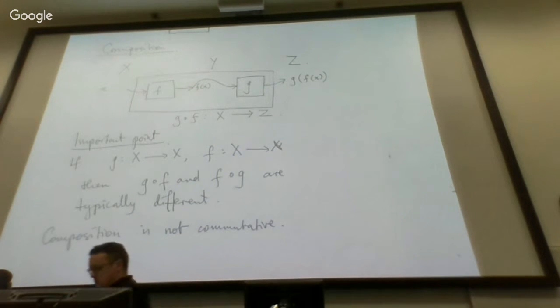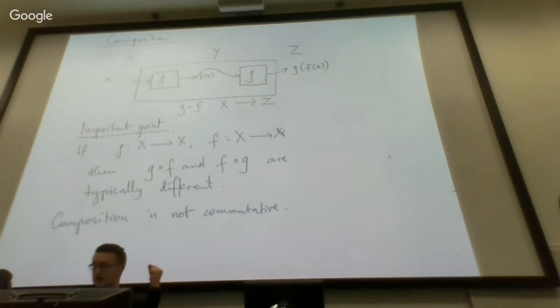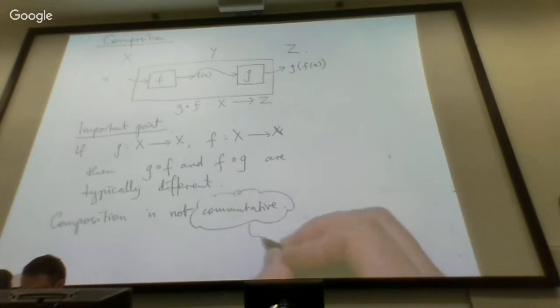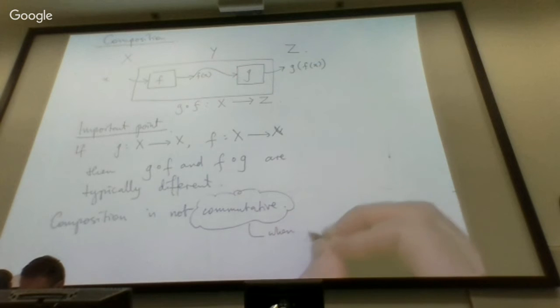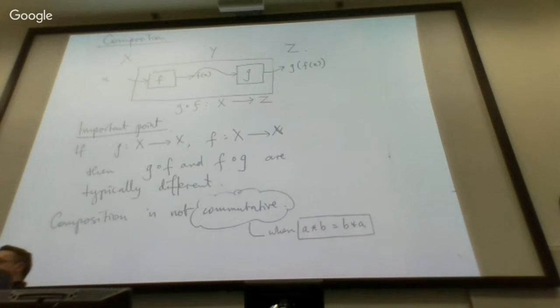A commutative operation would be a situation when A star B equals B star A. Now, I'm not saying what the star is, but star is just some operation between elements. Here we're talking about composition between functions. We use the little circle to denote the operation, but an operation star is commutative when A star B is equal to B star A always.